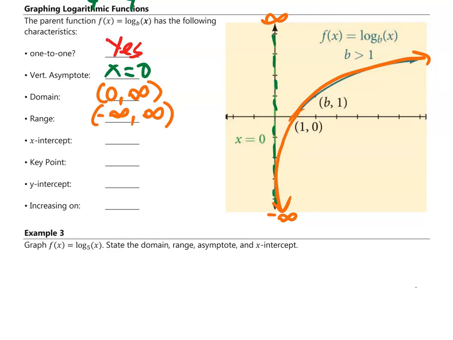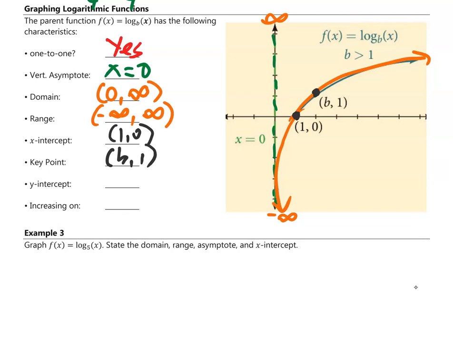Is there an x-intercept? We have a point on the x-axis here. So yes, that is at (1, 0). We have a key point at (b, 1). Do we have a y-intercept?